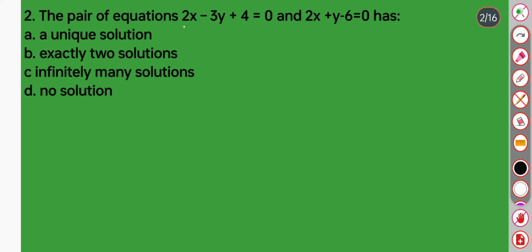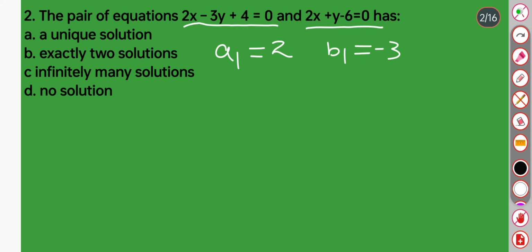Now if you observe, these are the two equations. From the first equation, a1 value is 2, b1 value is minus 3 and c1 value is 4. Similarly a2 value is 2, b2 value is 1, c2 value is minus 6.